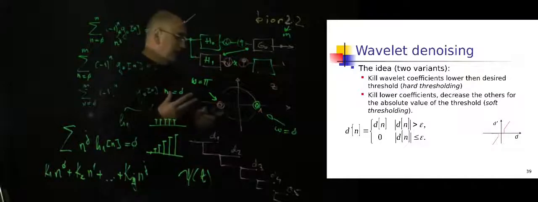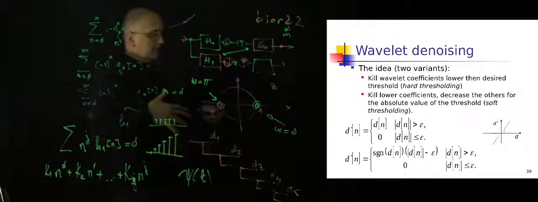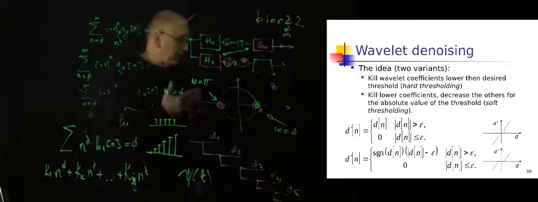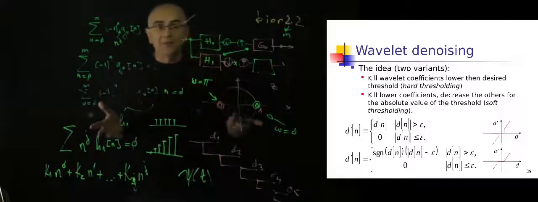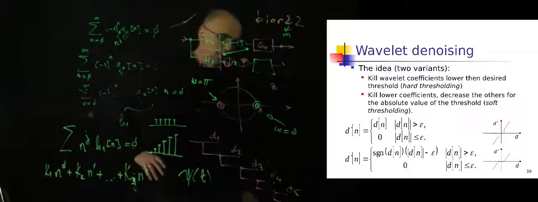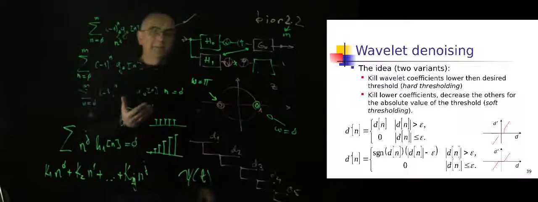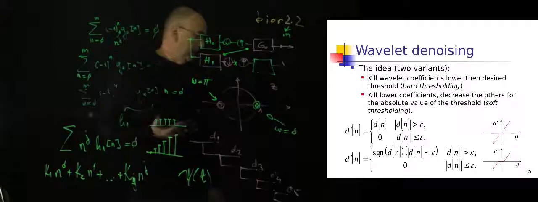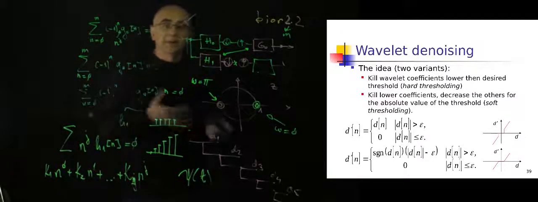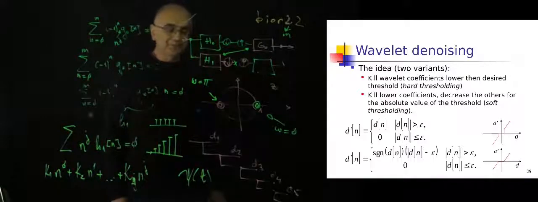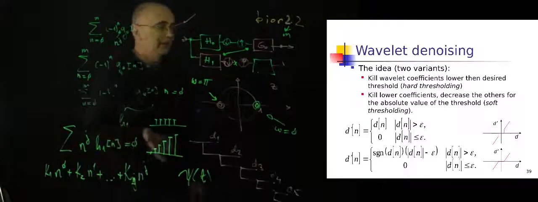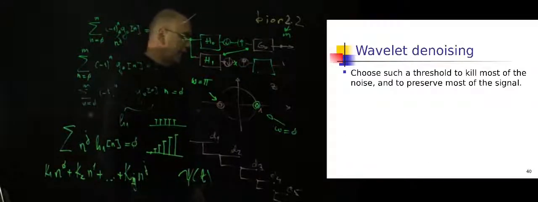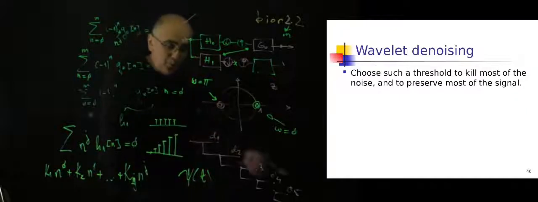Soft thresholding is just reducing the size of the big ones by the amount of the threshold, so we do not have jumps in the amplitudes of the coefficients. It is more appropriate to a human observer, to our ear or our eye, but hard thresholding results in lower square error or better signal-to-noise ratio. So how to choose an appropriate threshold?